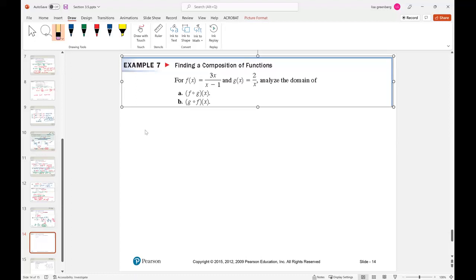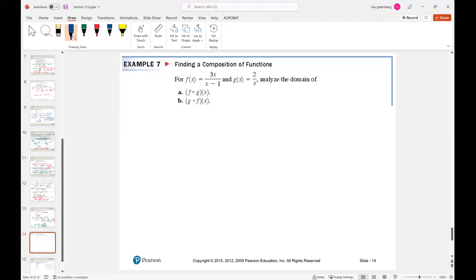So for B, I have G composed with f of x is equal to G of f of x, which is equal to G of, and then I know f of x is equal to 3x over x minus 1, right?